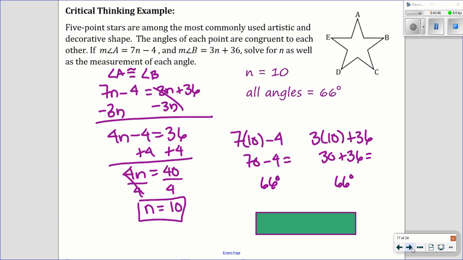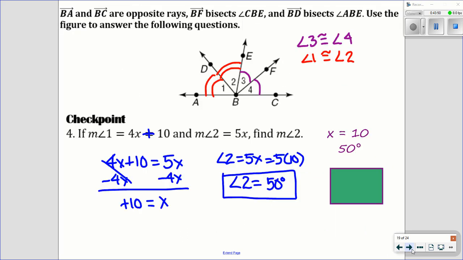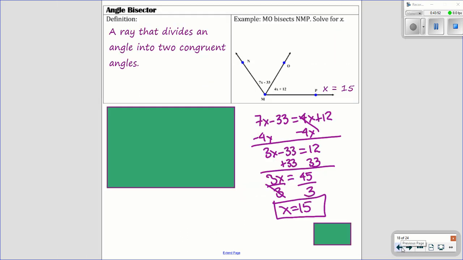We did that. And bisect, angle bisector. When you hear the word bisector, that should tell you something's going to be congruent. An angle bisector bisects an angle into two congruent angles.